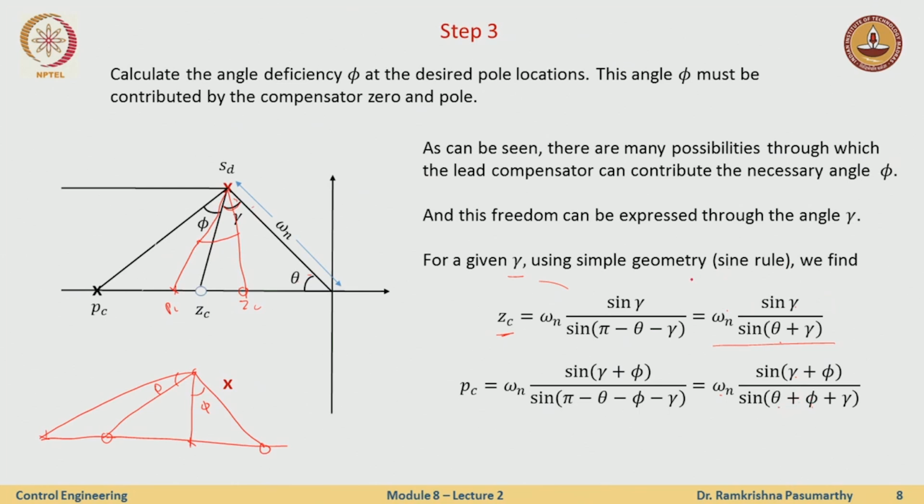My problem is where to place zc, where to place pc. On the right hand side, omega n is known, theta is known, phi is known. What is unknown is this gamma. So the location of poles and zeros depends on this gamma. So gamma is the deciding factor.